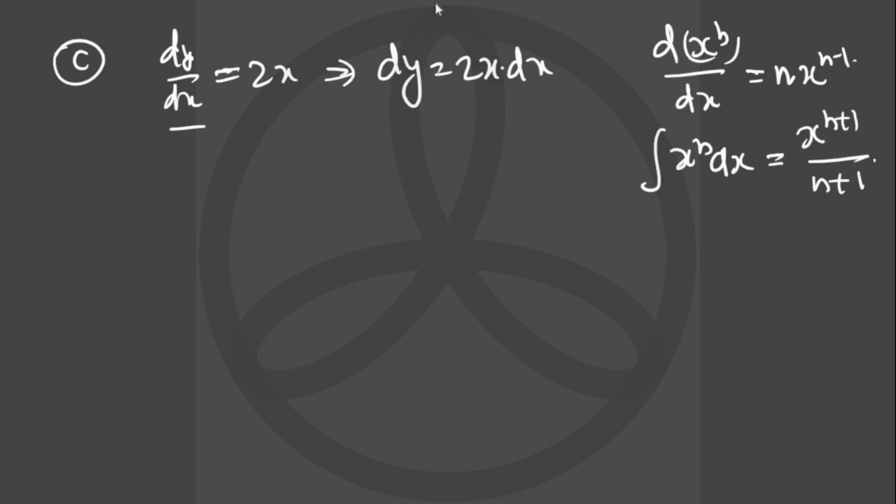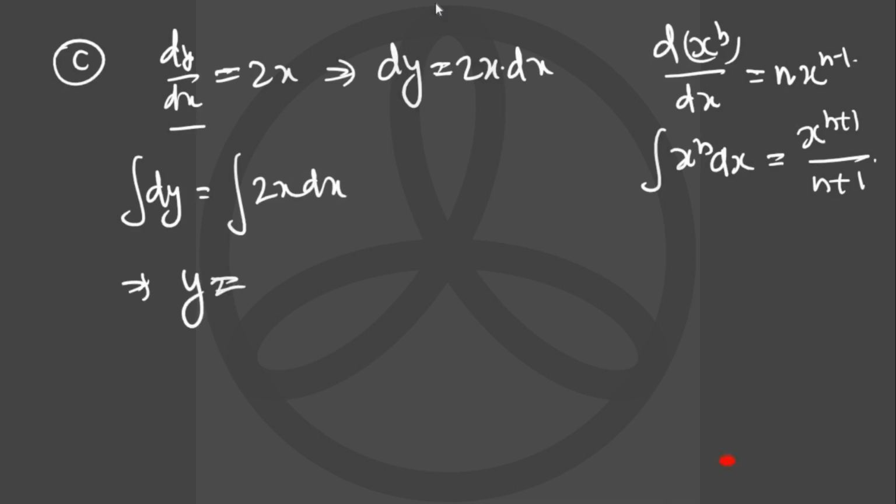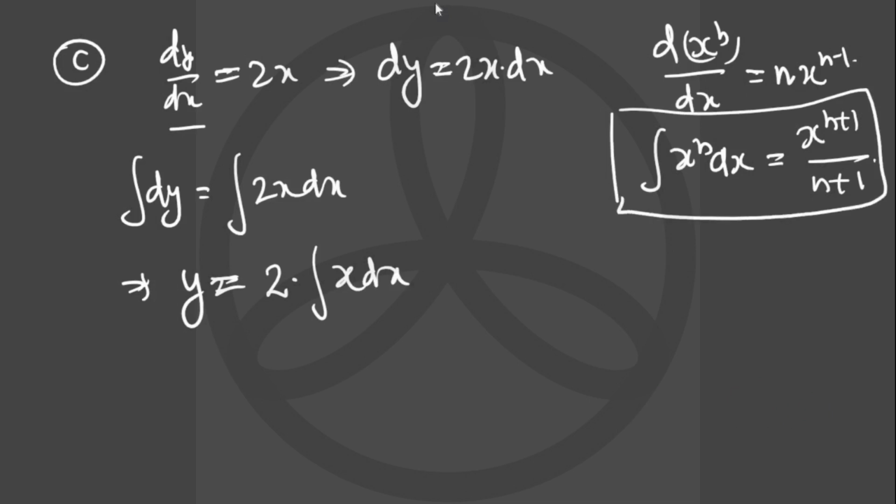Now we have already applied variable separable in this and separated y with y and x with x, and we can now apply the integration sign on both sides, and here we will get y. Since 2 is a constant, it remains inert to the entire process, and we can take 2 out of it and write x dx. If we compare this with the formula, n for us here is n is equal to 1.